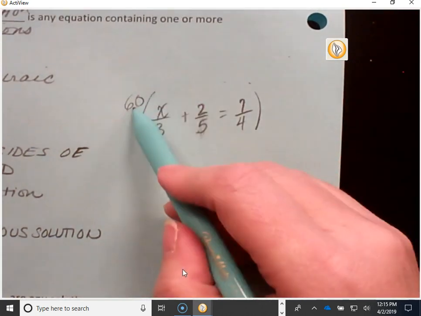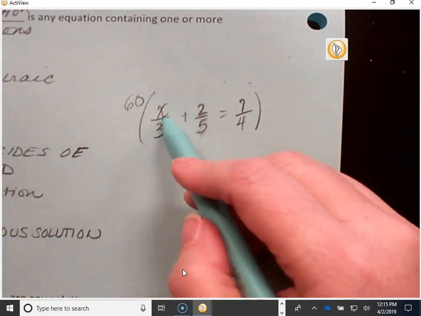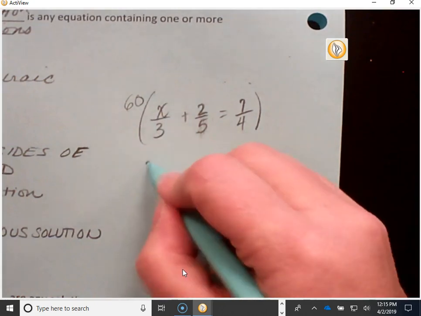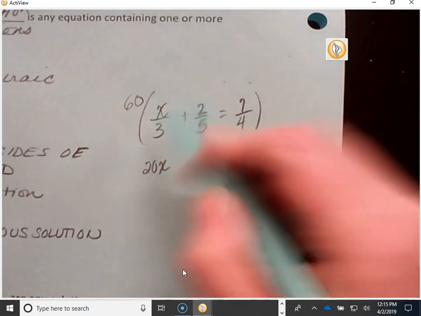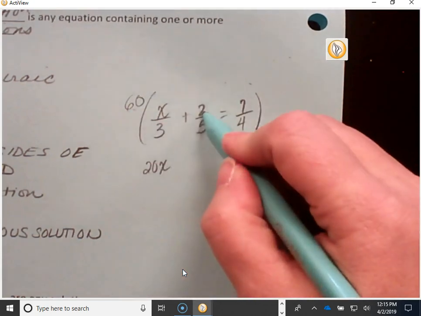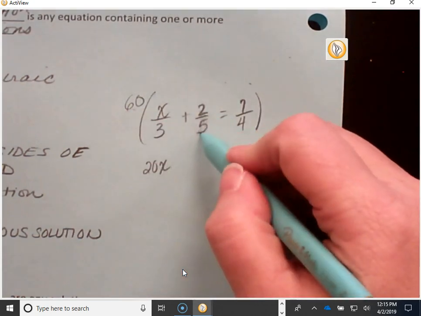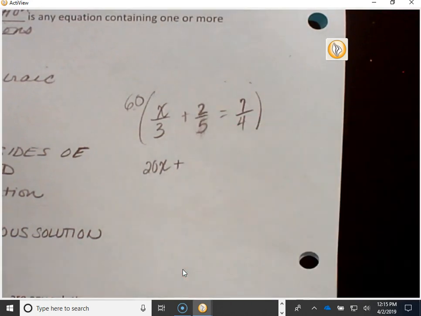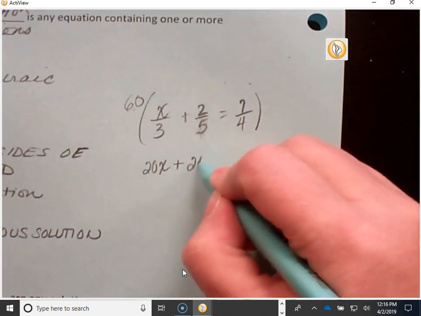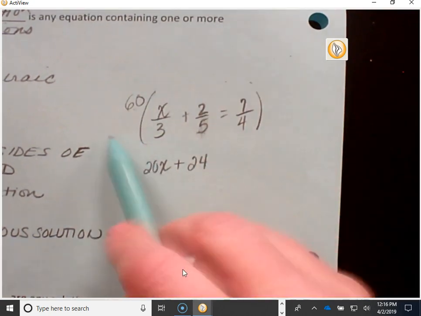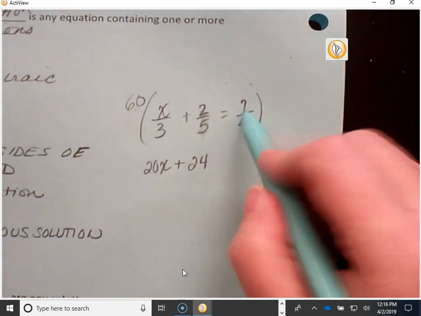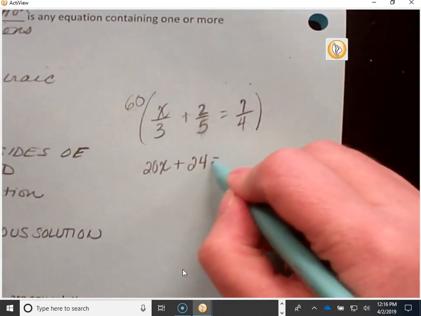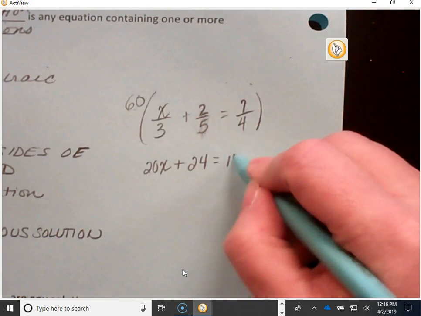So 60 times x is 60x divided by 3 is 20x. 60 times 2, which is 120, divided by 5 is 24. And 60 times 7 is 420 divided by 4, which is 105.